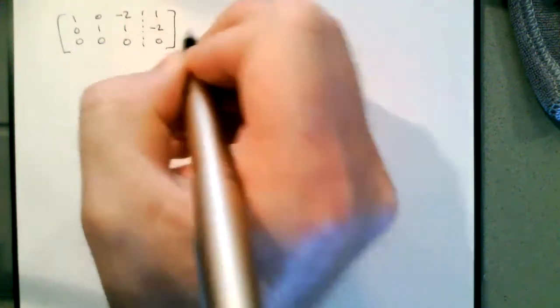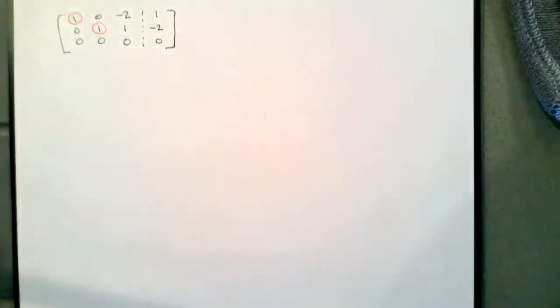So what we noticed is that the rightmost column of the augmented matrix is not a pivot column. Therefore, the system is consistent.